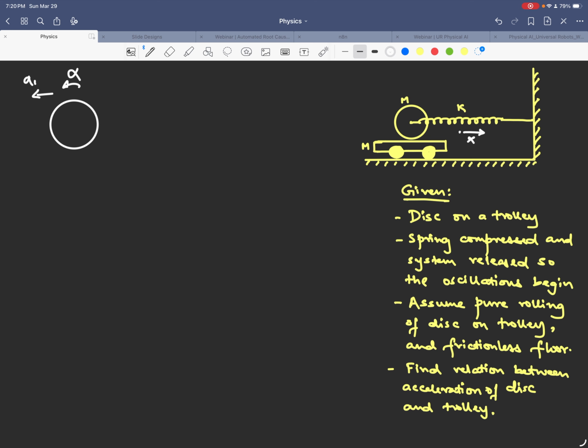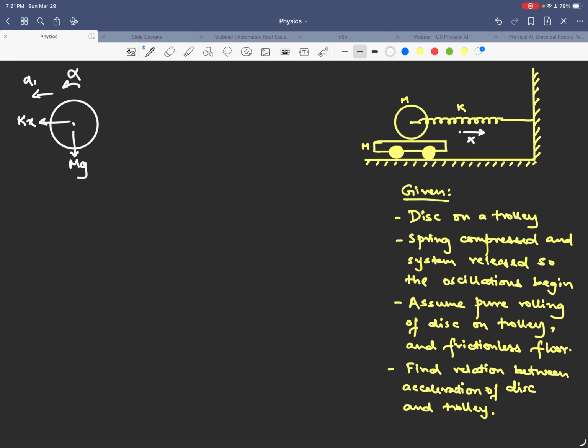So if you look at this body, first of all, I'll suggest all of you to pause at this stage and really think through all the individual forces. You might say that, okay, there is a net force which is acting downward, which is mg. Because of the extension or the compression of the spring, there will be a force towards the left, which will be equal to k times x, right?